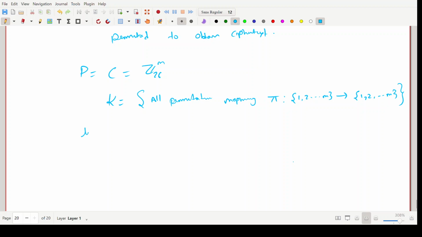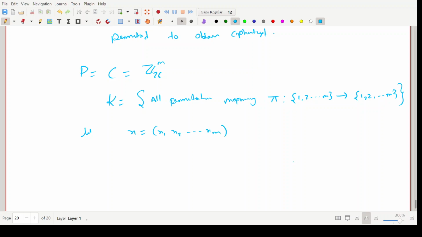So let me start. Let X be the plain text, X = x1 x2 up to xm. This is my plain text.